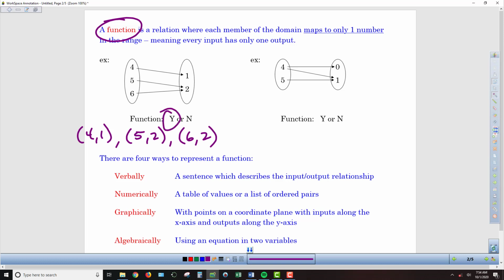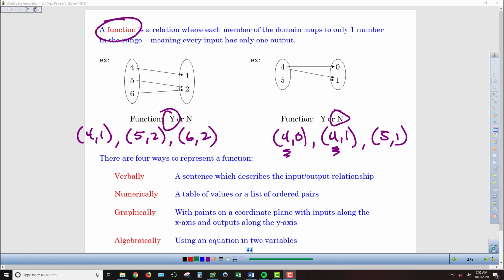In the second example in front of us, we have the ordered pairs (4, 0), (4, 1), and (5, 1). Here we're reusing the 4 as an input multiple times, so the relation described by this mapping diagram is not a function.